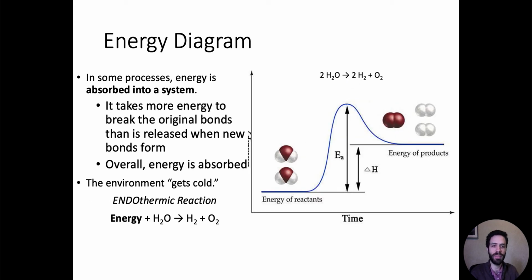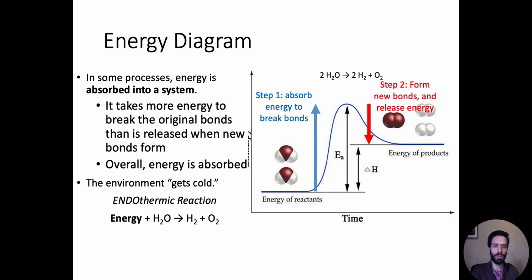Let's look at another example to see an endothermic reaction. In this reaction, we're separating water molecules to form hydrogen and oxygen. Again, the process is the same. The first thing that needs to happen is we need to break the bonds in the reactants. That requires absorbing energy. So step one, absorb energy to break the bonds in the reactants. Step two, make new bonds, and making new bonds releases energy.